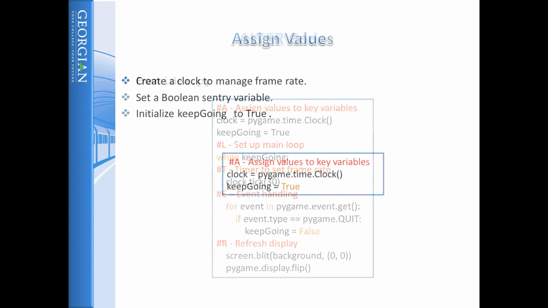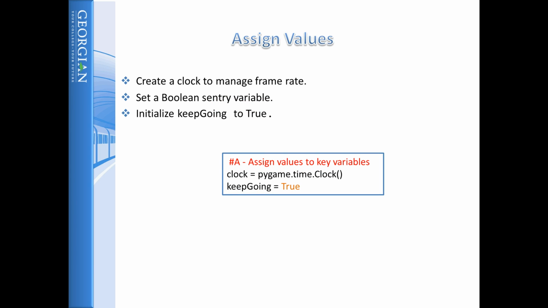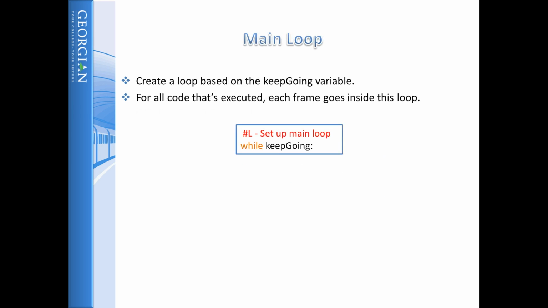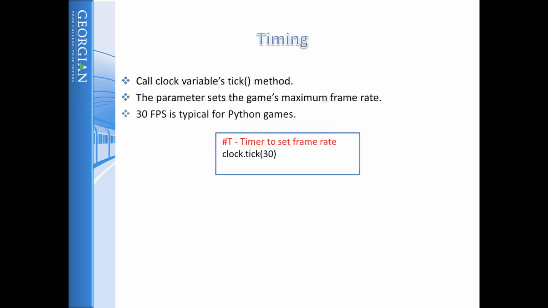Okay, moving on. So we kind of talked about these things. When we initialize these key variables, we're going to assign key variables values like the clock. We're going to set up the clock at first, instantiate that clock object and the sentinel variable, which is keep going, right? And here's our loop. We talked about that. Our framework, how many frames we have per second.